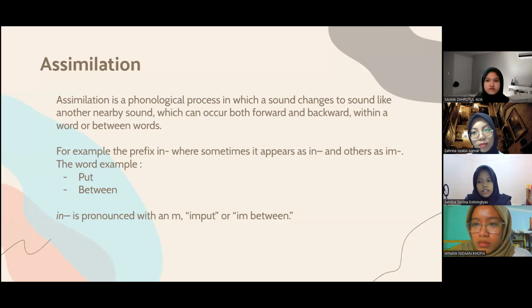So basically, assimilation is a process whereby one sound causes an adjacent sound to be more similar to itself. For example, the prefix in sometimes appears as in and other times as im. The words are input and in between. The in is pronounced with an m, as in input or in between. Next.